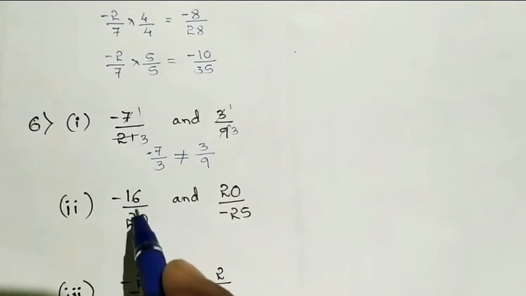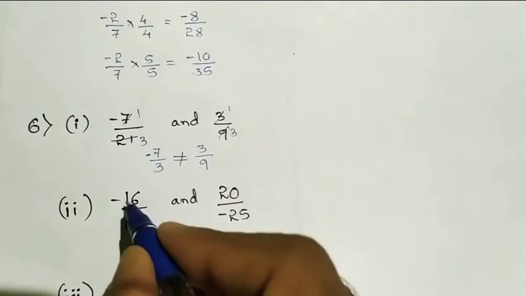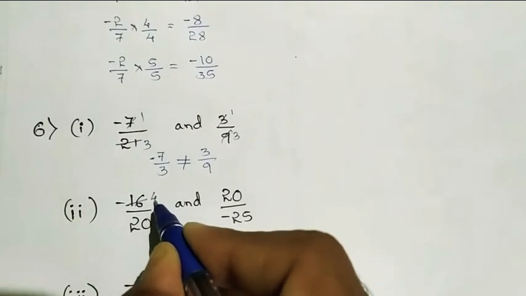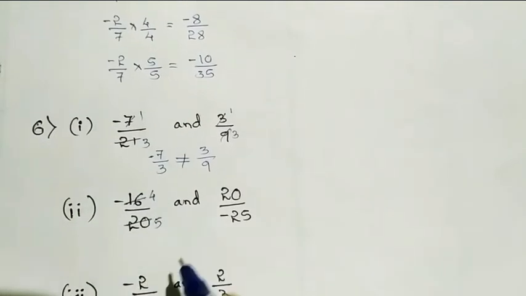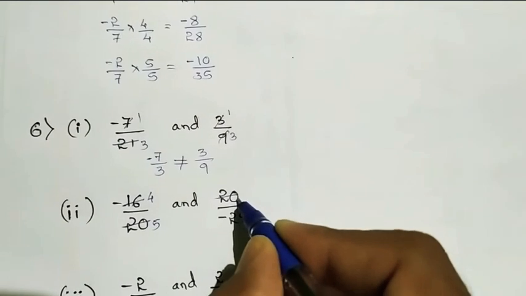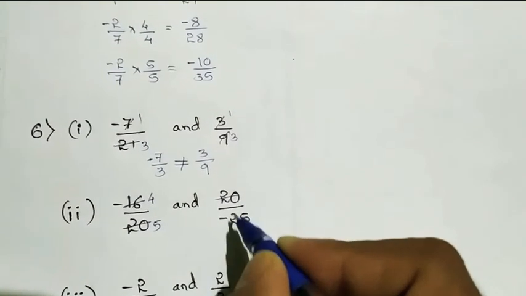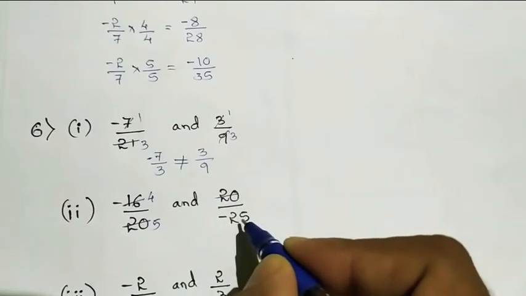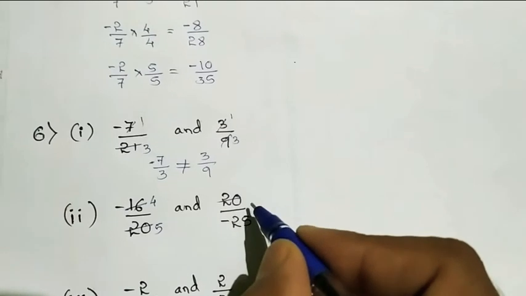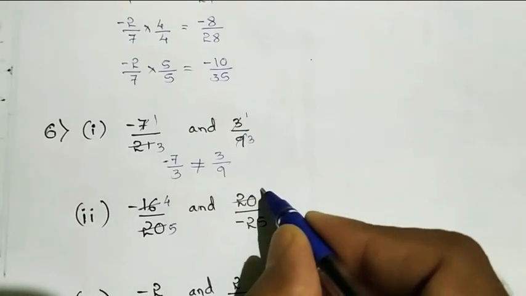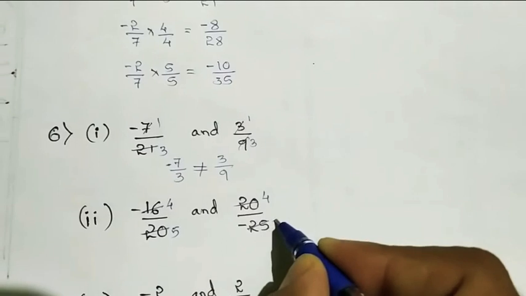Okay, so in which table will I get them? We get 4 fours are 16 and 4 fives are 20, and here 4 fives are 20, but here we will not get it, though both are there in the 5 table. So 5 fours are 20, 5 fives are 25.